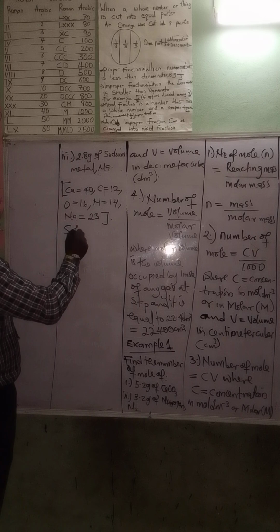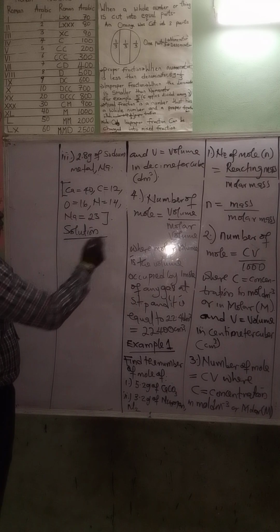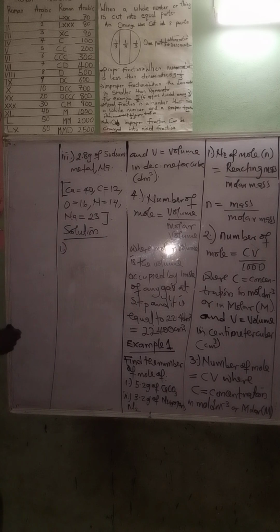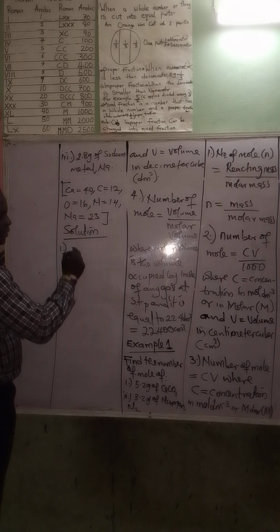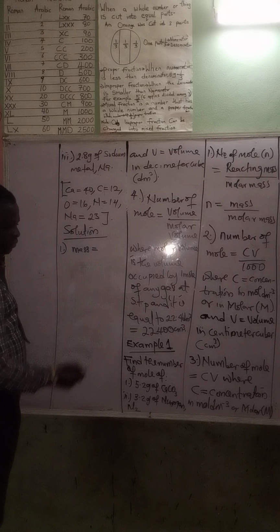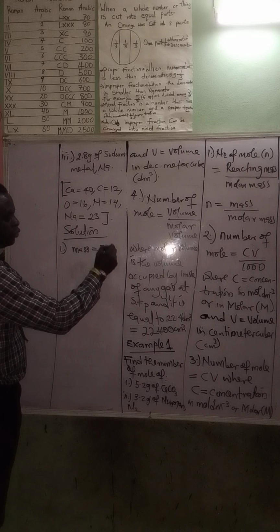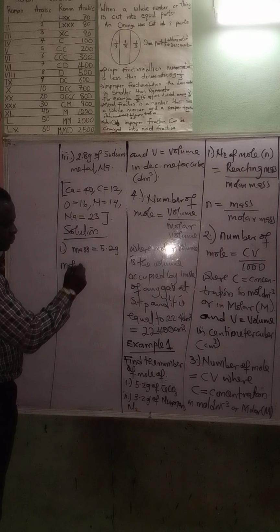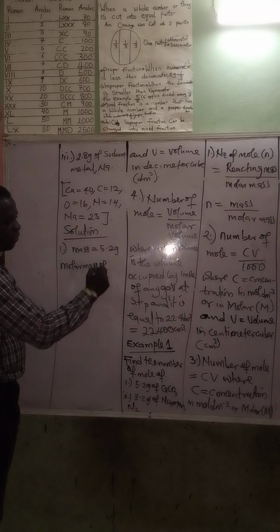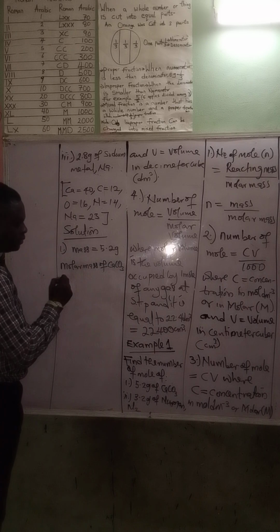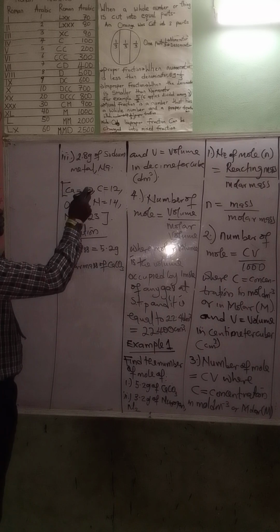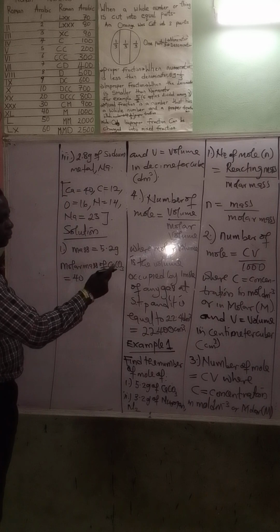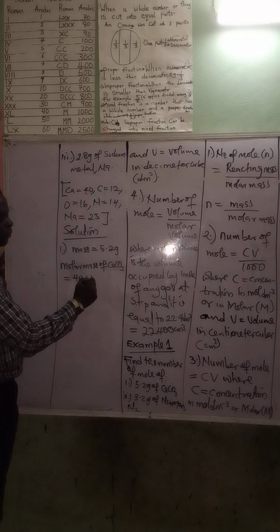Solution to this. Number 1, our mass is 5.2 gram. Then molar mass of calcium carbonate: calcium is 40, and we have only one calcium. Plus carbon is 12; we have only one carbon in this formula.